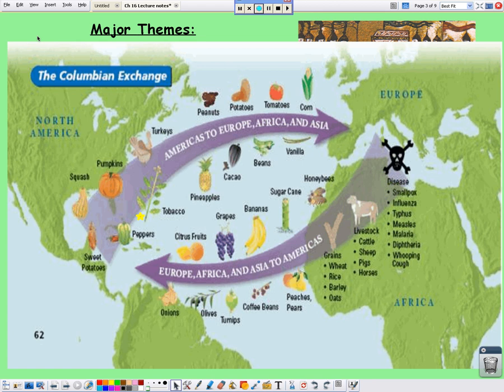So the Columbian exchange, again, is more about cultural diffusion than it is literal trade. It's about Europeans that come to the New World, bring with them parts of their culture, and once here are exposed to parts of American culture, which then find their way back to Europe as well.